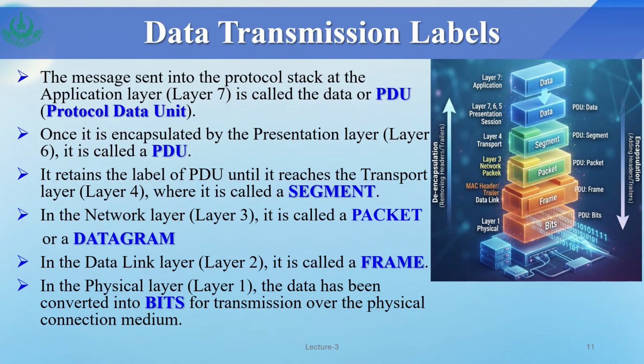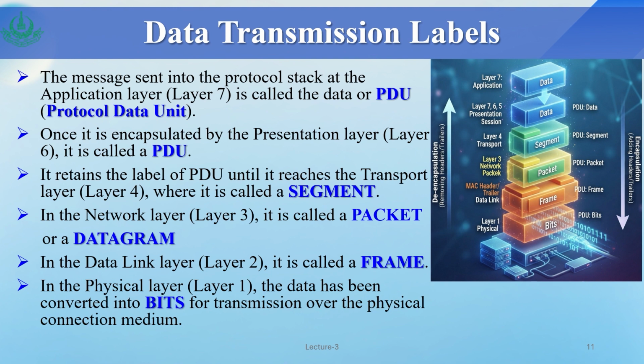Once it is encapsulated by the presentation layer, layer 6, it is called a PDU, protocol data unit. It remains labeled PDU until it reaches the transport layer, layer 4, where it is called a segment, where the whole message is divided into different chunks of data called segments.